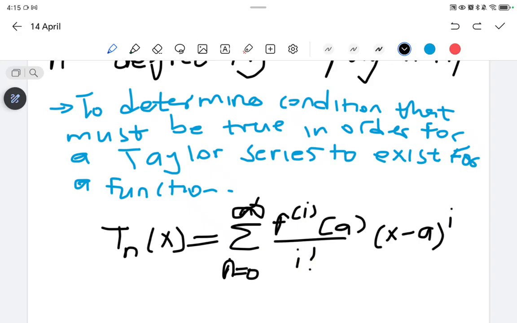So you just remove the n and put i, remove the infinity and put n. So that will be the nth degree Taylor polynomial of f of x. Now let me do this.